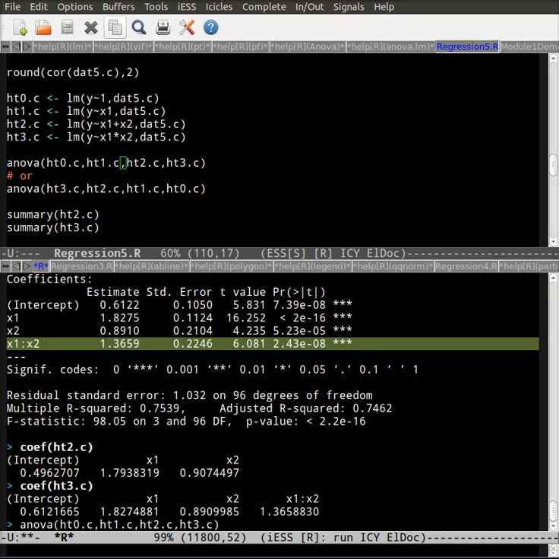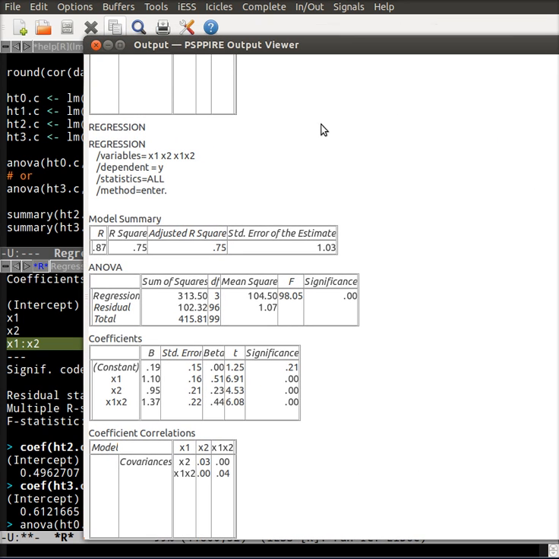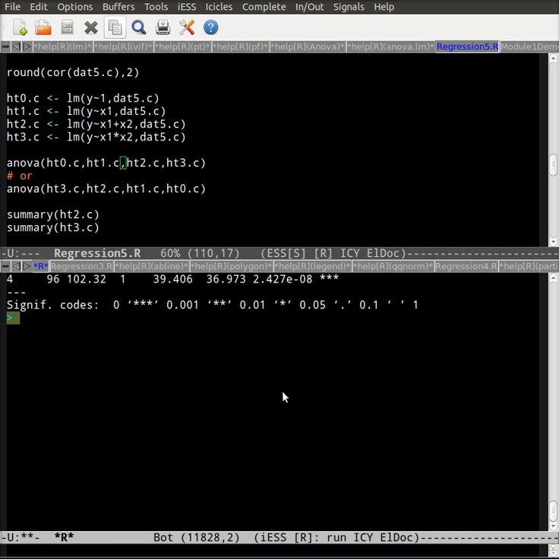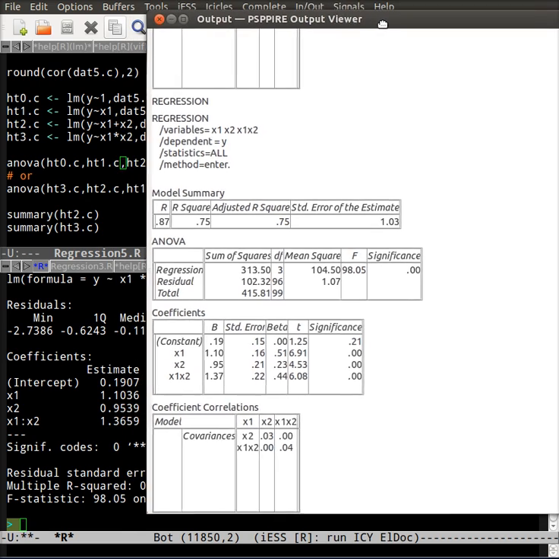And just for those of you in SPSS, I ran this in a program called PSPP, and this is the output. And you're going to see exactly this using the data set. You'll be able to replicate it. So you can see here that I get all the same parameter estimates that I got originally. My original model was summary HT3, and I'll show you that indeed that is true.